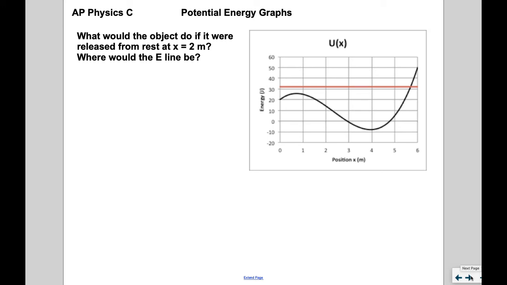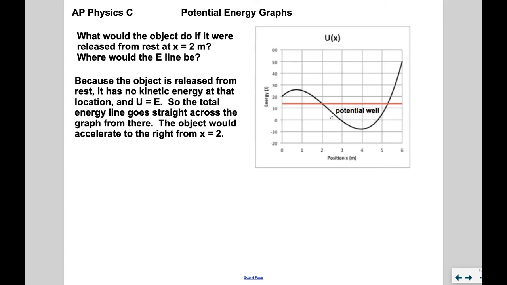So E equals U plus K, and that means that once we release an object from rest at a particular location, that fixes the total energy at that level, where the total energy equals U at that point, because it's released from rest, so it's not moving. So the total energy line goes straight across from that location, and we can see that there are areas here and here where the positions are forbidden.